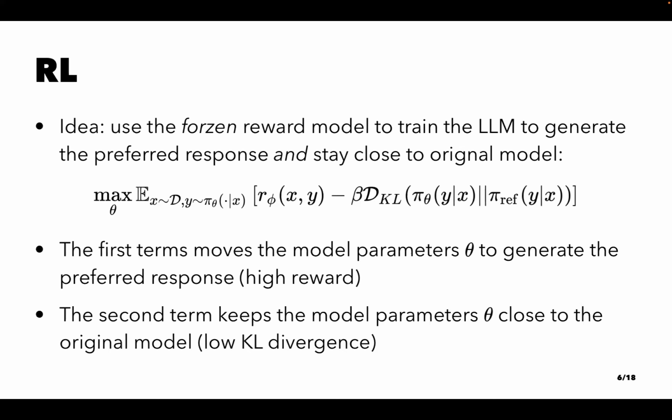This KL divergence term penalizes the weights or the resulting distribution if it strays too far away from the original distribution of the model. So it still needs to generate good answers, but still stay in the realm of normal language models.